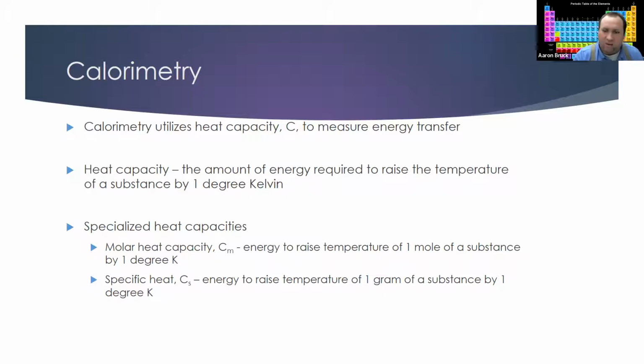If I multiply the mass times the specific heat, that tells me the heat capacity. And if I multiply the heat capacity by the temperature change, that tells me how much energy has been transferred. So all the pieces work together to help us come to this idea of energy.